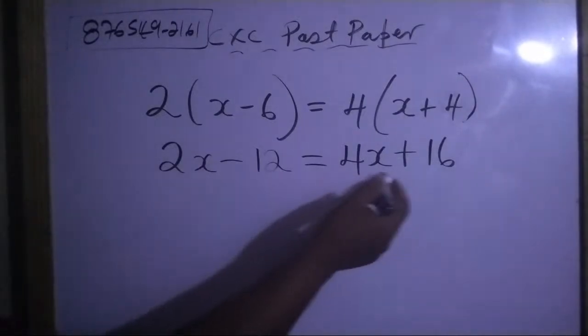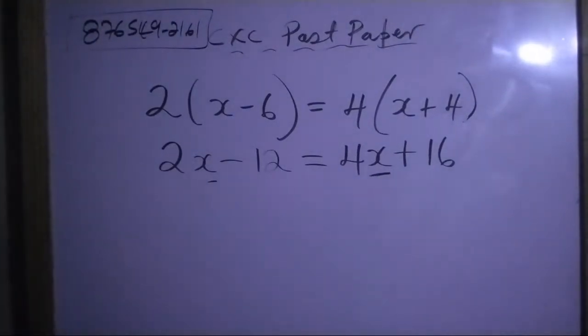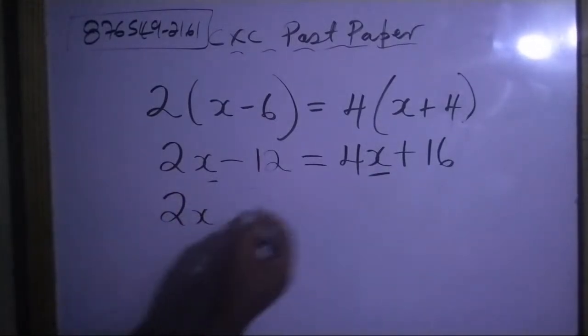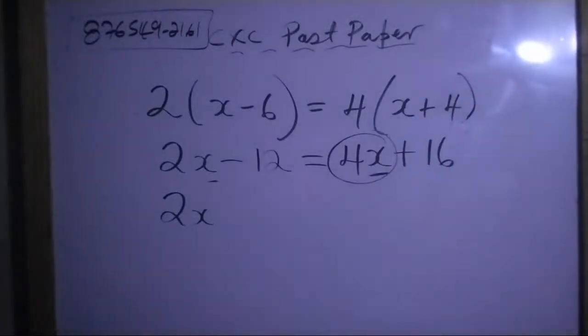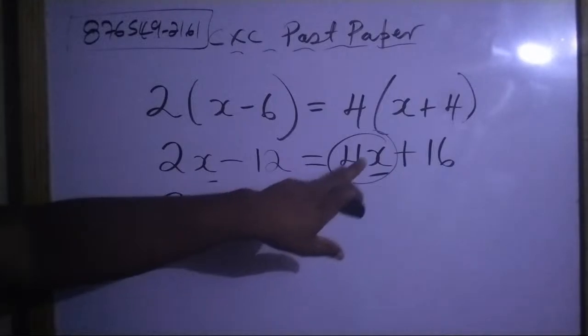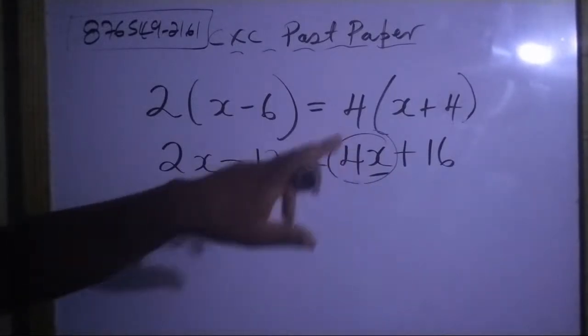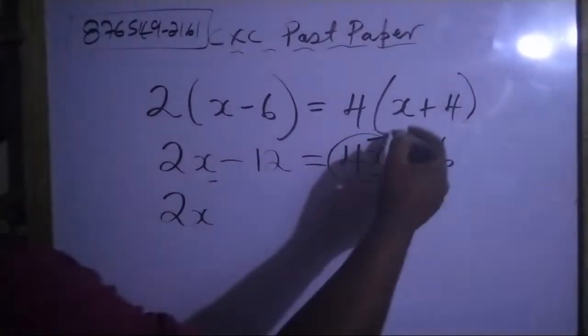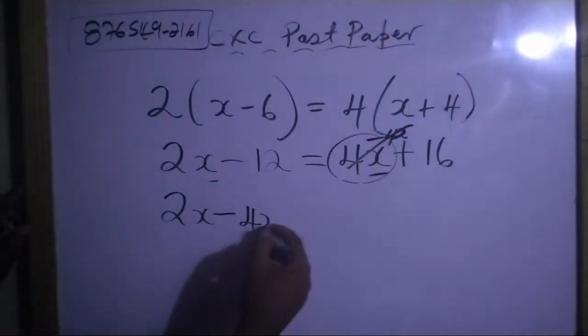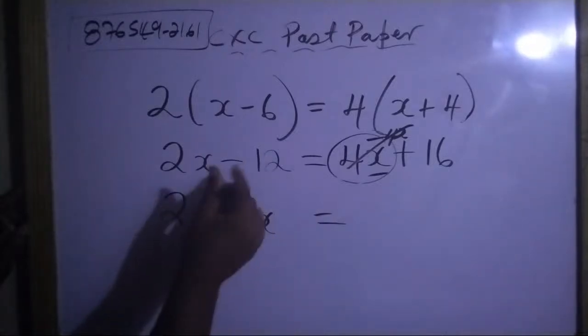Now we need to group the like terms. So like for example, the x's, we need to bring them together. I'm going to carry over this 4x. So I have my 2x, but we have to take the inverse. Someone was saying a while ago, why change to negative? This is the reason. Because it's positive 4, we have to take the inverse, which is to minus 4x. And anything you do to one side, you do to the next side. Similarly, this is negative 12.